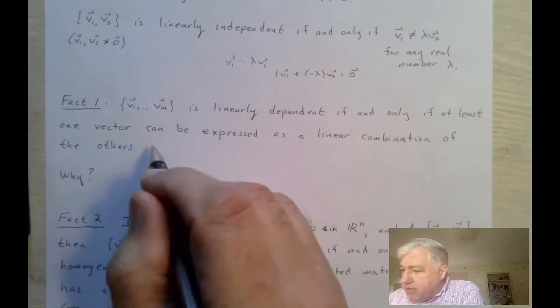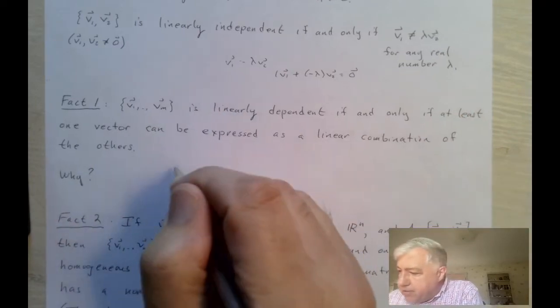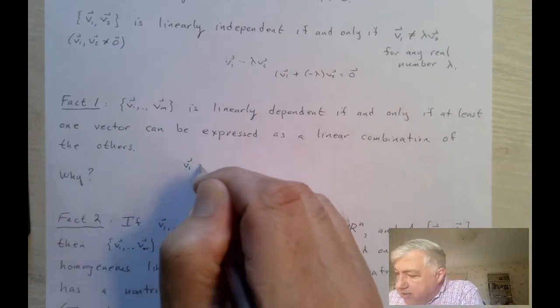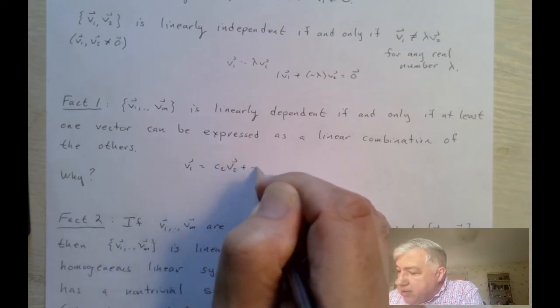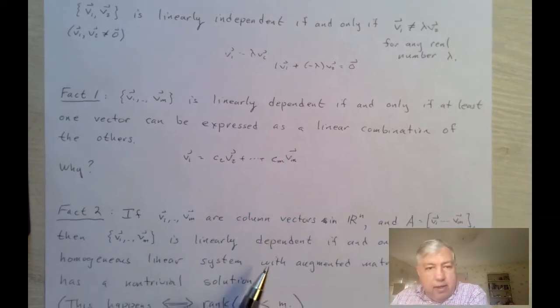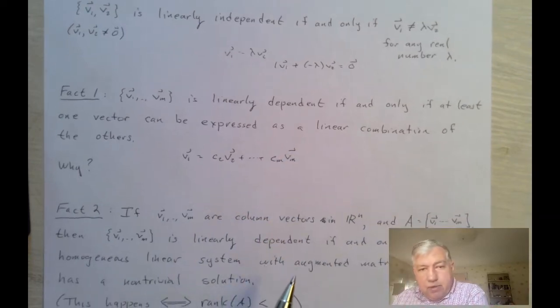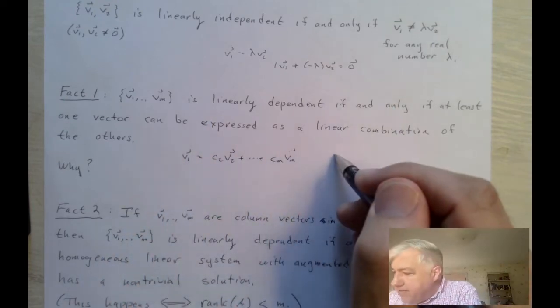Let's say v1 is a linear combination of all the others. So let's say we have v1 is equal to c2 v2 plus up to cm vm. And let's assume that v1 is not 0.